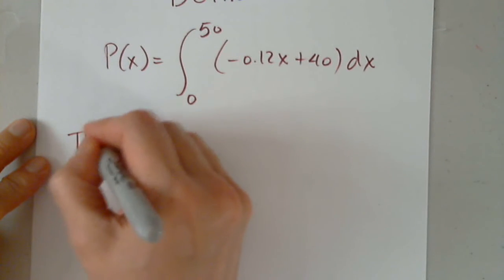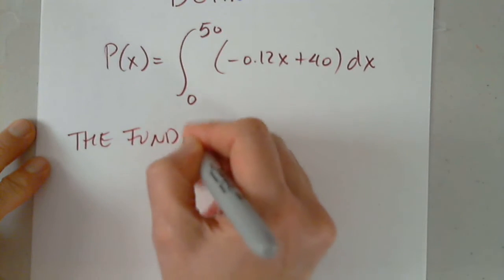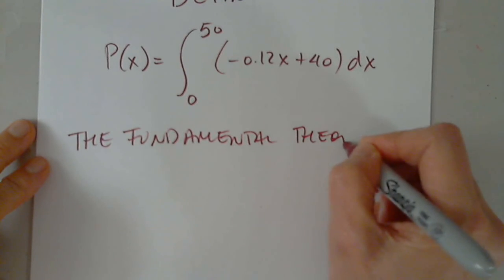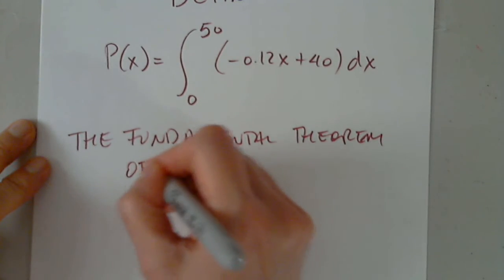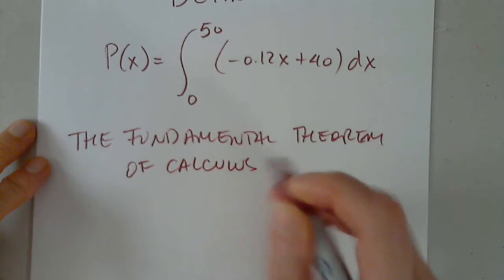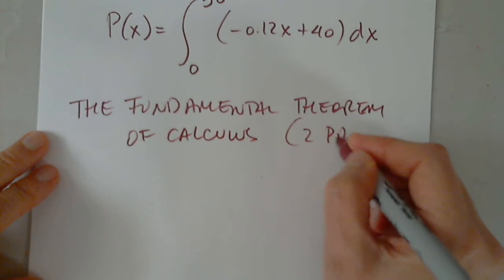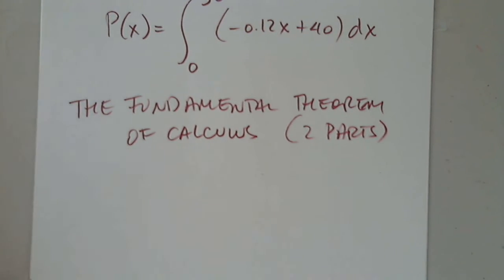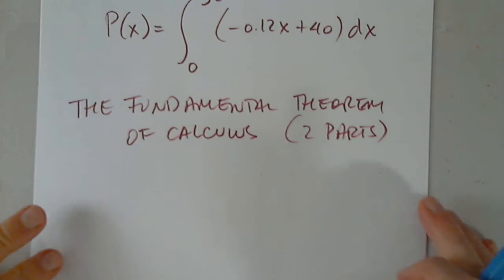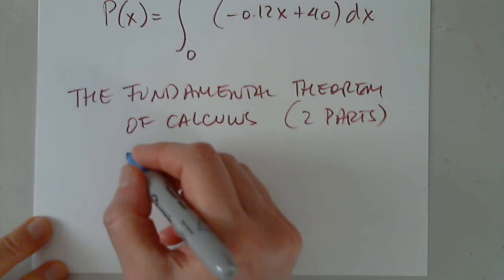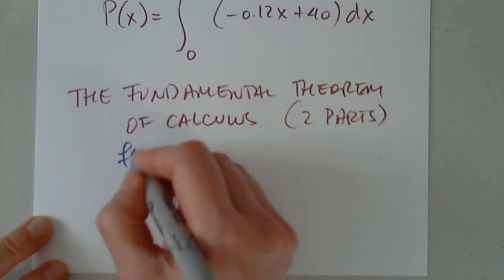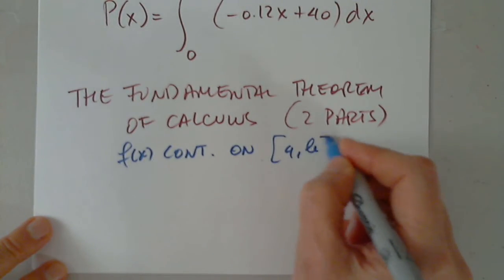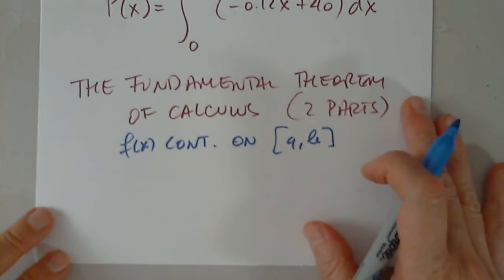So I'll come back to this. It's called the fundamental theorem of calculus. It has two parts. Right now, we're going to use the part that teaches us how to determine the definite integral. It says f of x continuous on a, b. Otherwise, it fails and cannot be applied.